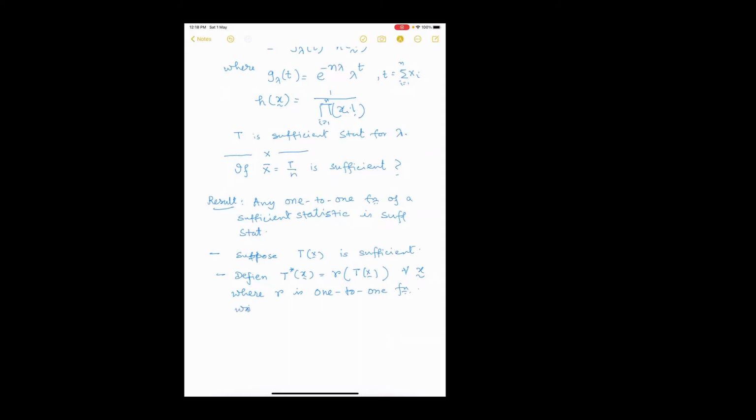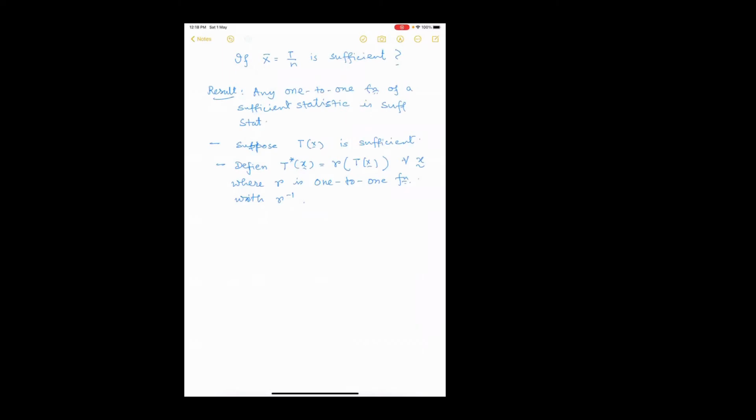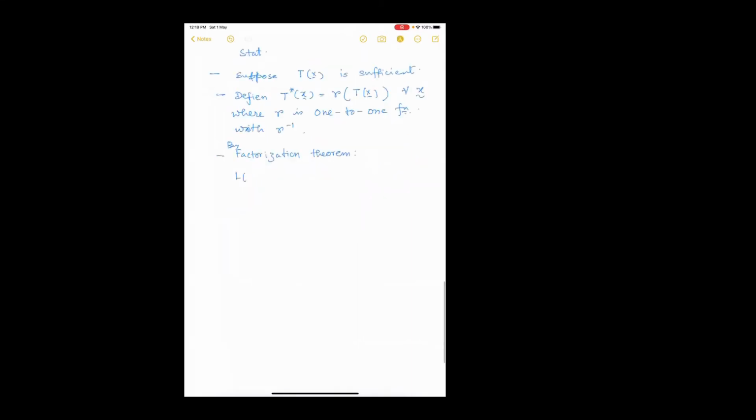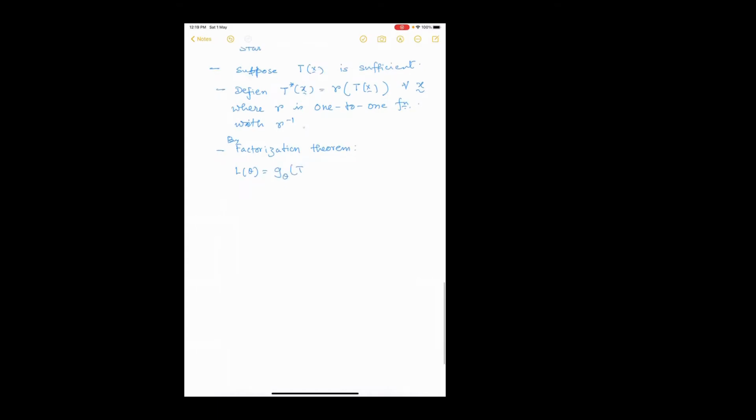With R inverse. Okay. Now I know T is sufficient, so we can now consider the factorization theorem we just discussed. By the factorization theorem, L(theta) equals g_theta of T times h of x tilde, and we can write this as g_theta of R inverse of T star times h of x tilde.